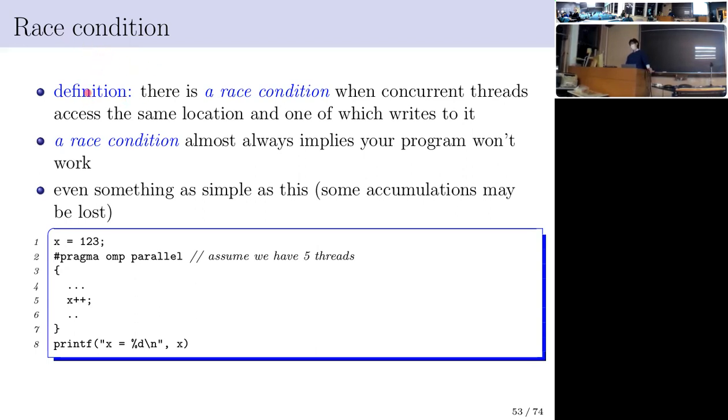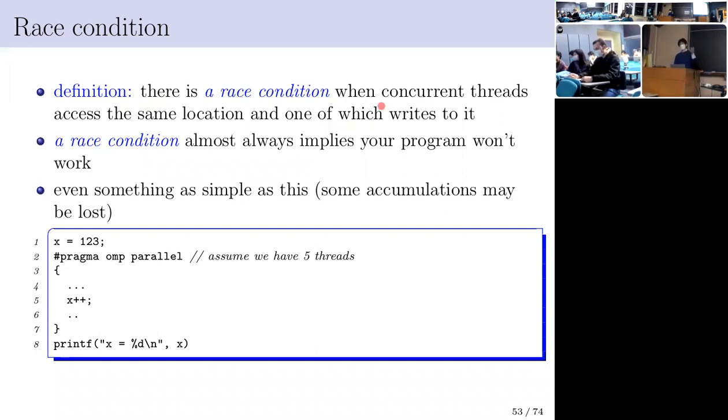So first, what is the definition? What is a race condition? We say that there is a race condition when concurrently running threads access the same location or variable, and one of them writes to it.